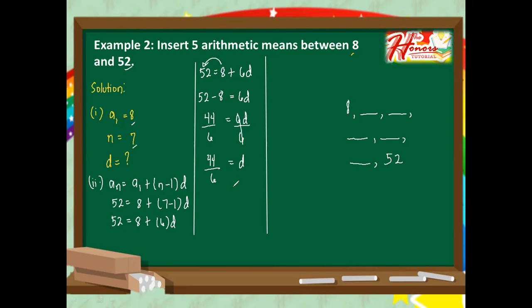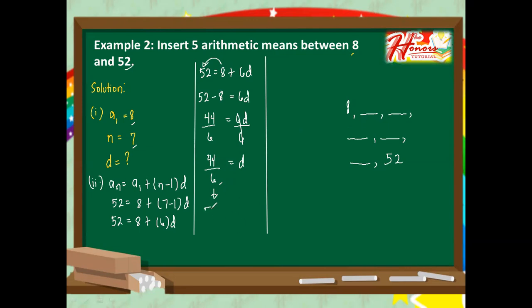But since we are aiming for a fraction here because the difference is a fraction, then let's have this written in a fraction. So let's convert first 44 over 6 into a mixed number. So let's divide 44 divided by 6, that's 7.